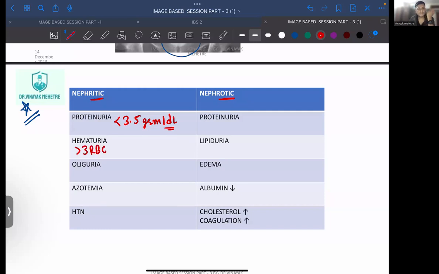In how many samples? If found in one sample, that means it is a hematuria in one sample only. In 3 samples, over 1 week. This is the definition of hematuria. If it is found in only one sample, that means it is not a hematuria. Make it clear.